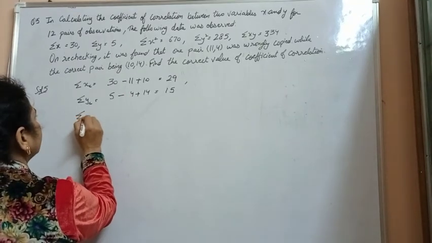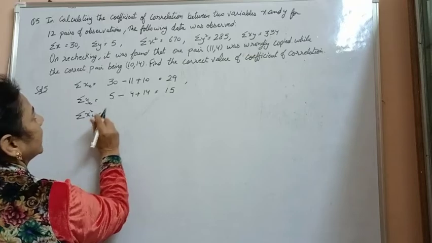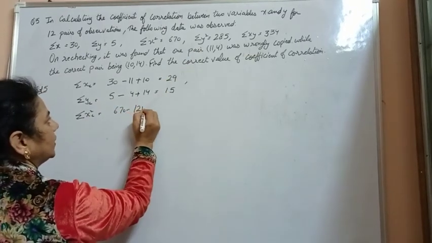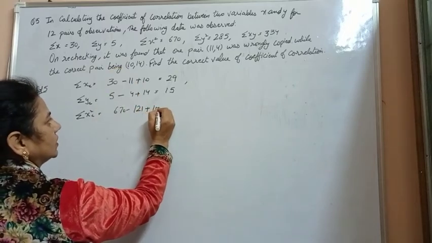For the correct sigma x square c, we have 670 minus 11 square, which is 121, and plus the correct 10 square, which is 100.